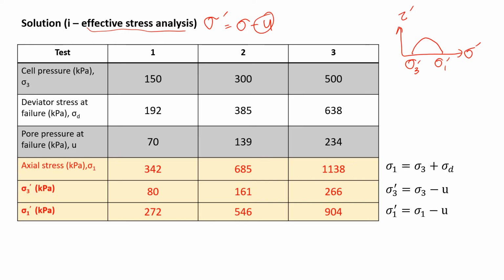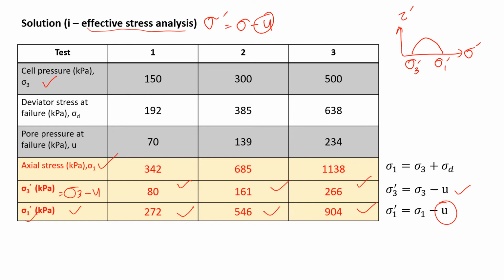Now you have the sigma 3 here. To get sigma 3 prime, simply take sigma 3 minus u, as stated here, and you will have this value of sigma 3 prime. For sigma 1 prime, again you need to have sigma 1 first, then you subtract u, and you will have sigma 1 prime.